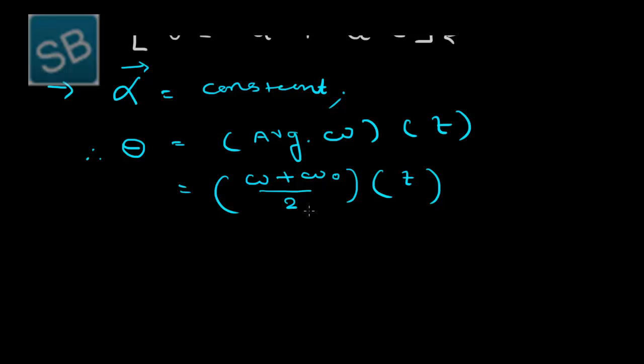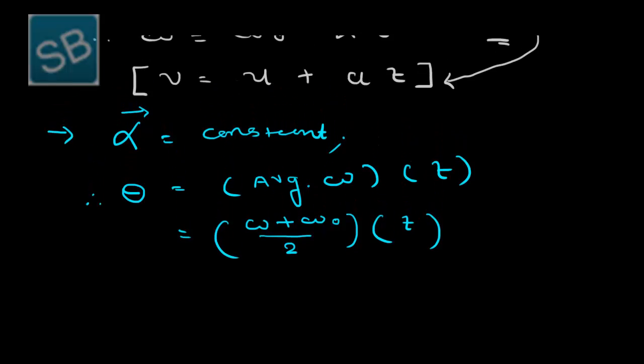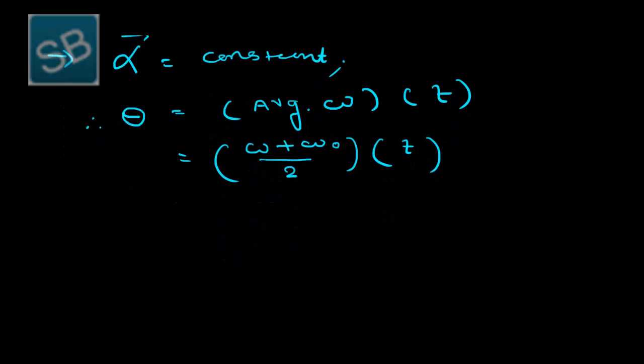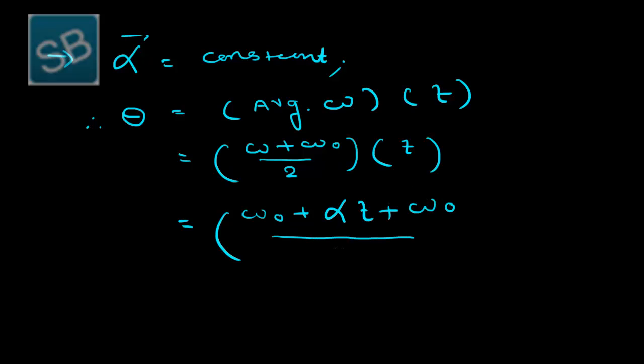This equation is also similar to the second one, d equals 1 by 2 at square, but here we have to arrange the terms, putting the value of omega from equation number 1. Omega is omega 0 plus alpha t, plus omega 0 as it is, divided by 2 into t.